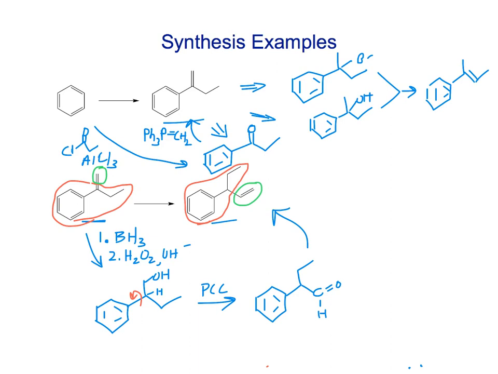Now we can do the same Wittig reaction that we did up above. And it's going to replace that oxygen of the aldehyde with a CH2 group and form that alkene.